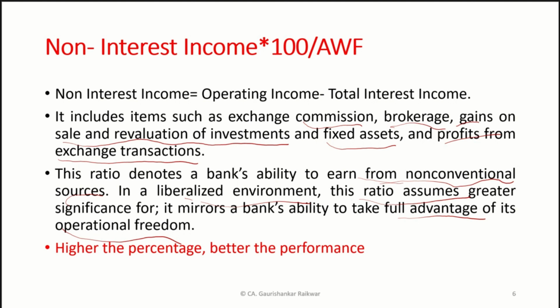So a bank can utilize its average working fund in the best possible manner to earn this non-interest income. It is also one of the indicators which the bank is required to disclose in its financial statement. Again, as we are talking about income, the higher the percentage, the better the performance.